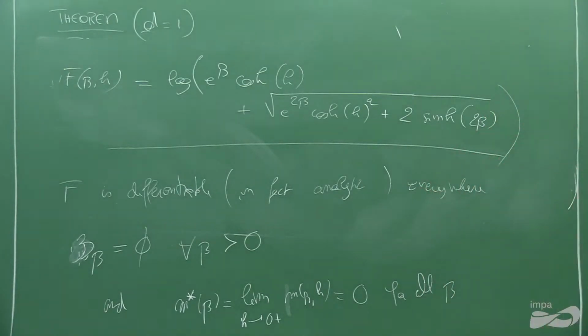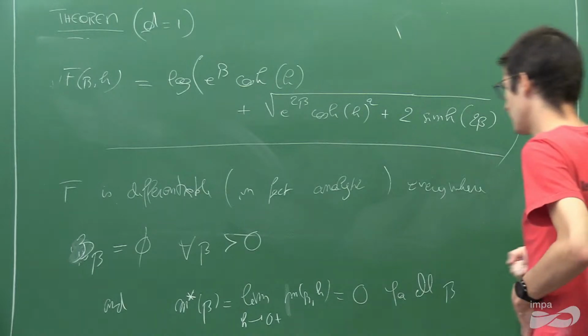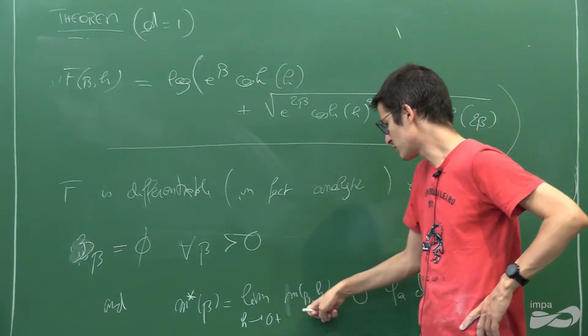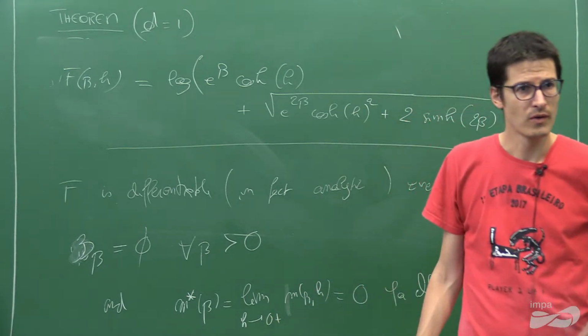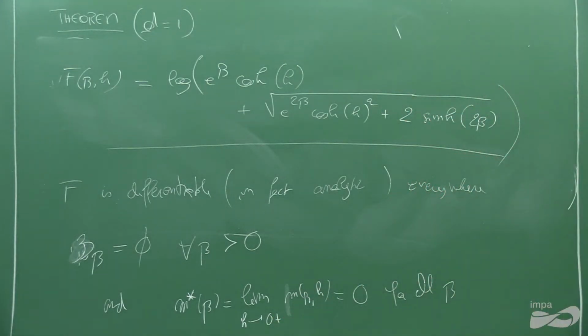So remember, spontaneous magnetization is the limit of the magnetization when you make h tend to 0. And what we would expect was that for beta large, this should be positive, and for beta small, this should be 0.